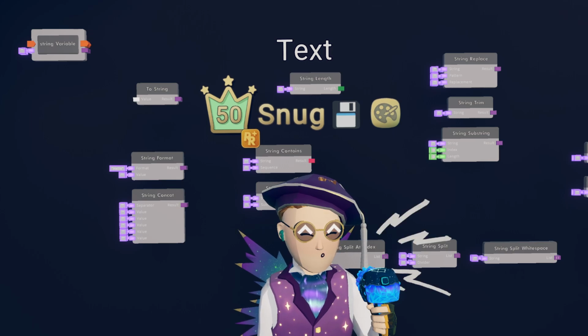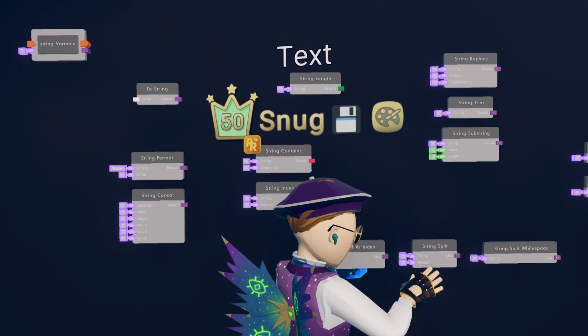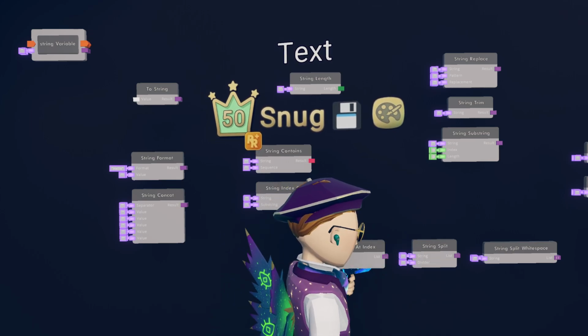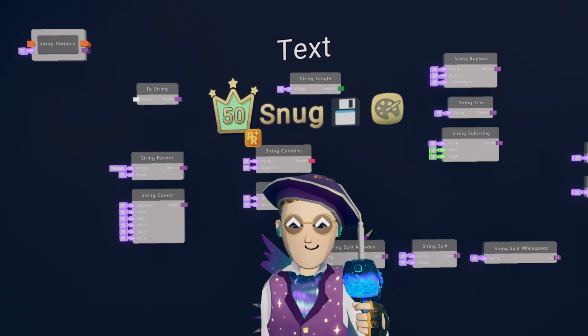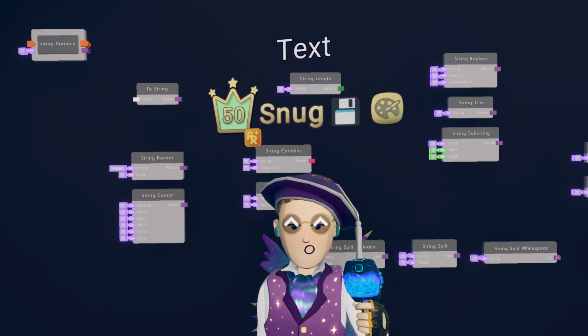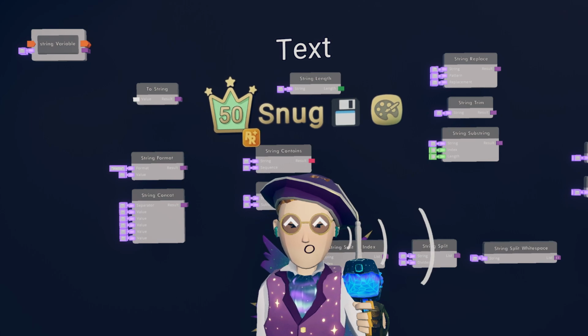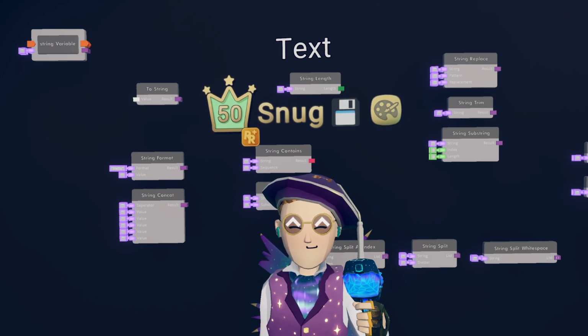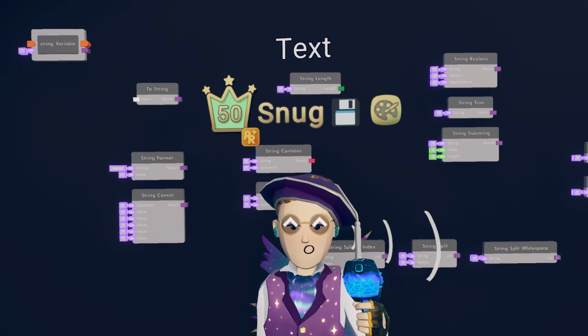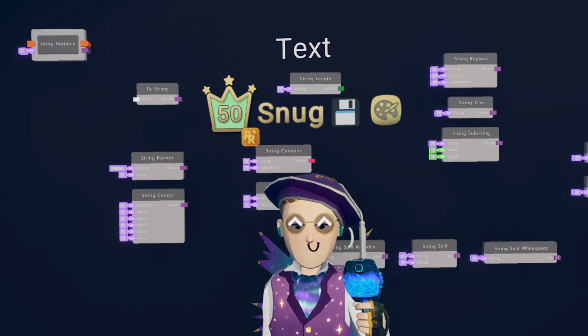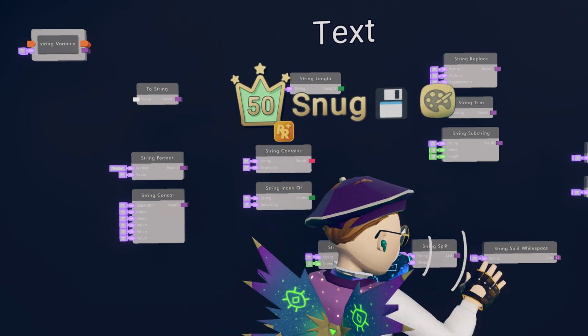So if I have a word with 3 A's, this will output a list with 3 items in it. Does that make sense? How that works? Well, we might need to come back to these string chips that use lists once we explain lists, because right now it doesn't totally make sense.